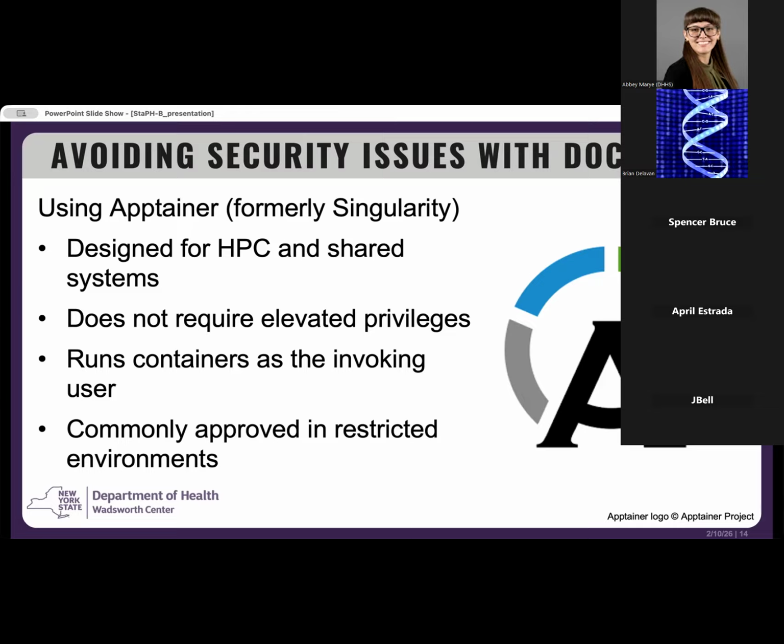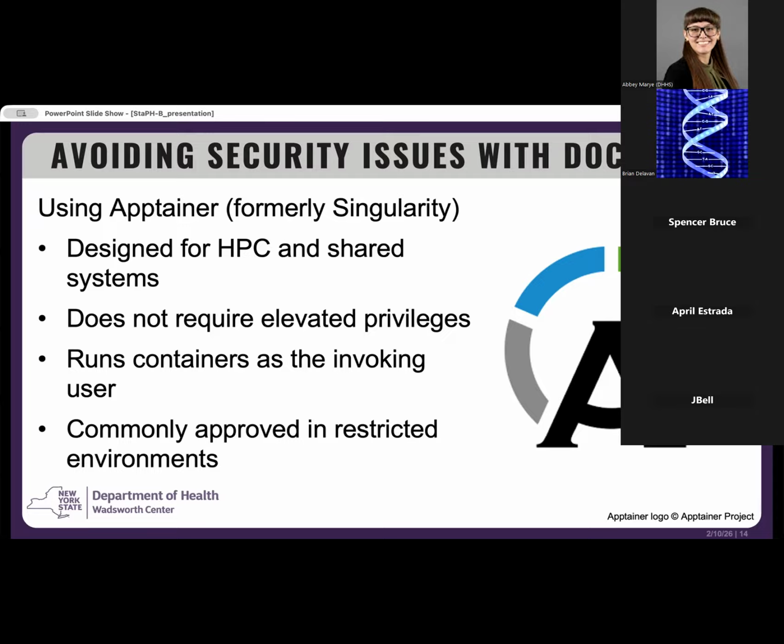So this single design choice eliminates many of the security concerns that make it difficult to get Docker approved by your IT department. So this is essentially an option for those of us who want to use containers, but we can't get Docker on our systems.